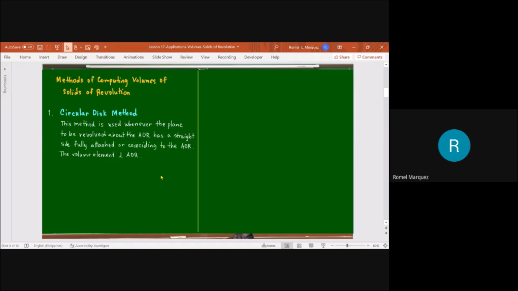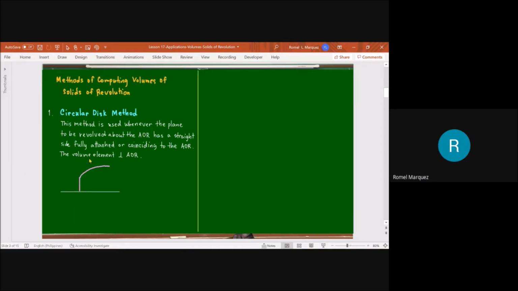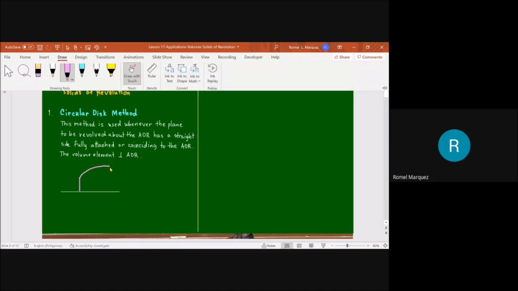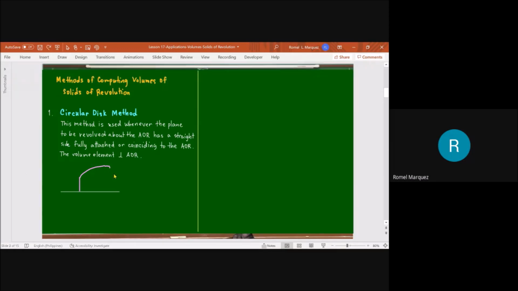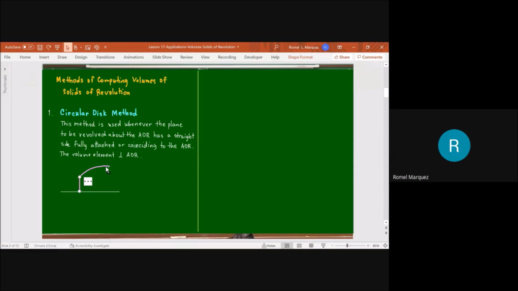So let's illustrate that. So let's say this is my lines. So let's say this is my region. And I want to revolve this about this horizontal line. And of course, you can do it in a vertical line, depending on the region, okay?